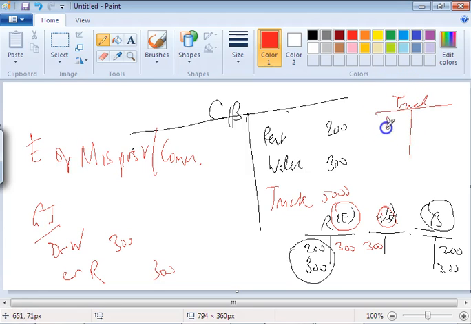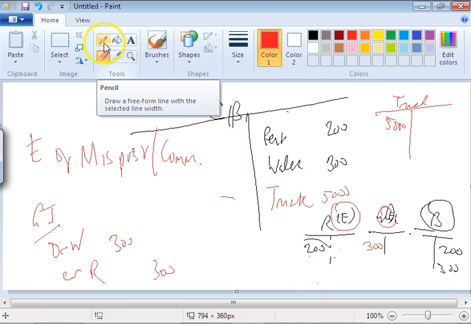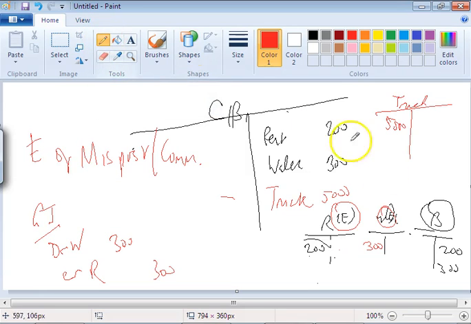Now, let's fix these other errors first. Let me get rid of that. So everything is fine. Here we have 5,000. So this is how everything should be.